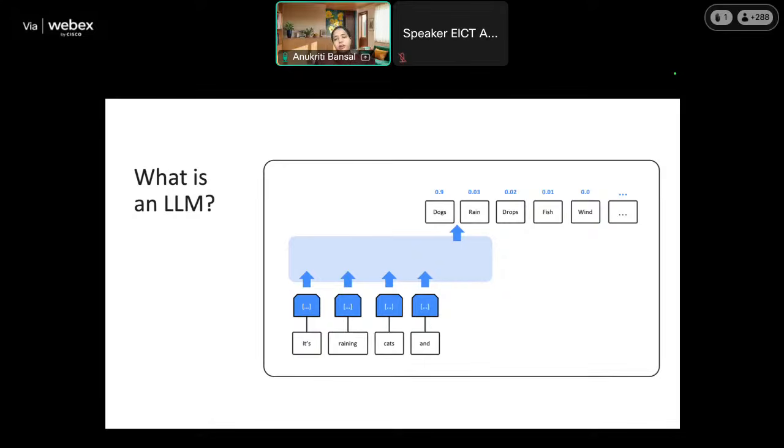Because a large language model can be considered a very large, very complex neural network, which has so many parameters and has been trained on a huge amount of data.